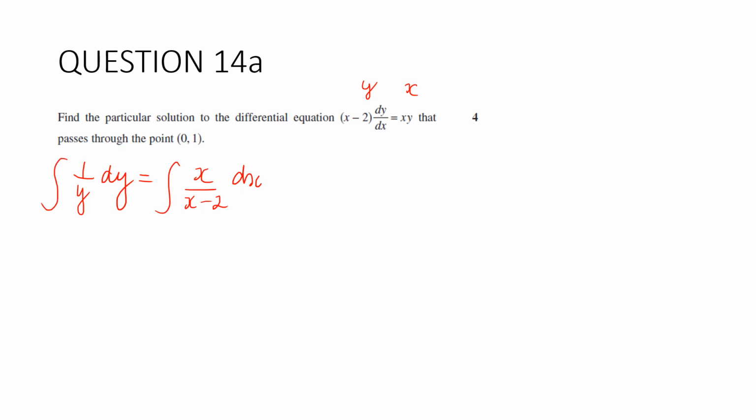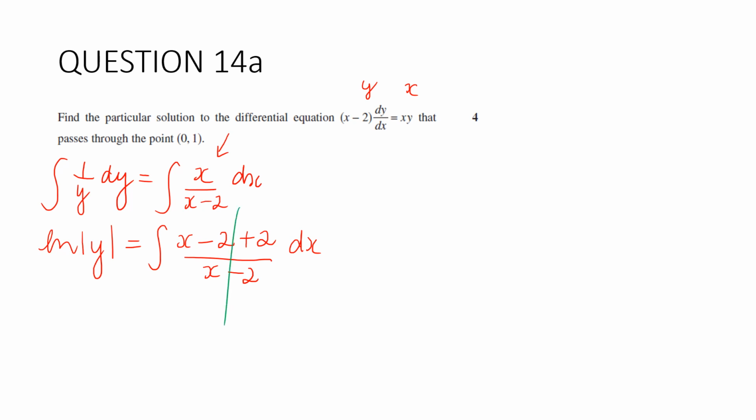All right, so on the left-hand side, I'm going to have ln y is equal to, how do we integrate this? There's a bit of a trick to it. I'm going to match the denominator. So instead of x on the top, I'm going to write x - 2. But of course, I can't just introduce a negative 2. I need to adjust it. So minus 2 plus 2 is 0. I haven't changed anything. And why do we do that?